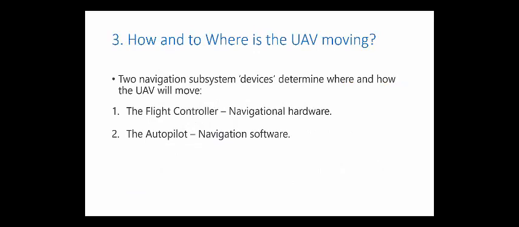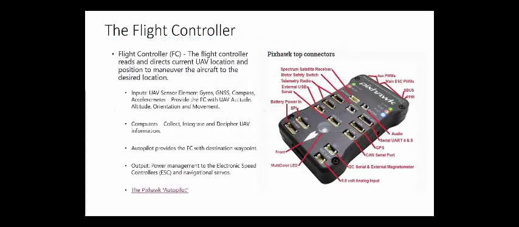So this brings us to the third question the UAS must answer in order for navigation to be possible. Two navigational subsystem devices determine where and how the UAV will move. The flight controller is the navigational hardware, and the autopilot is the navigational software. The flight controller is essentially the onboard brains of the UAV.